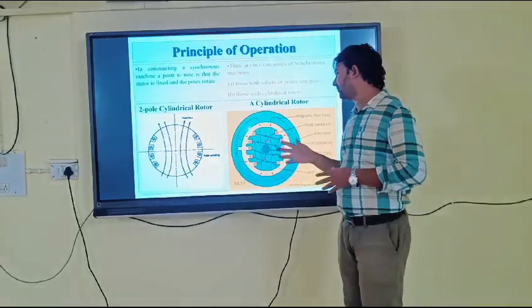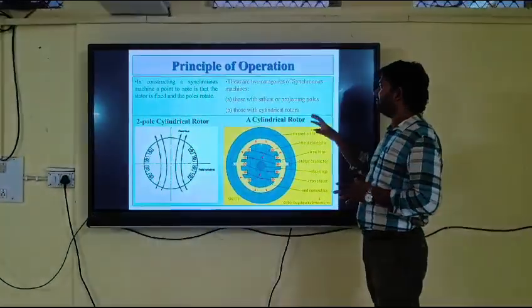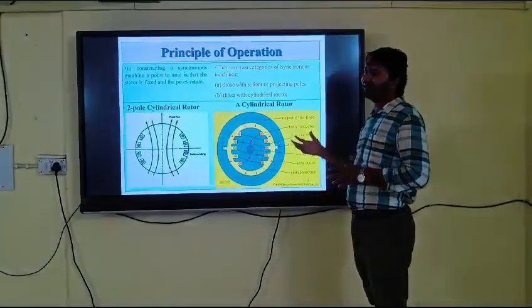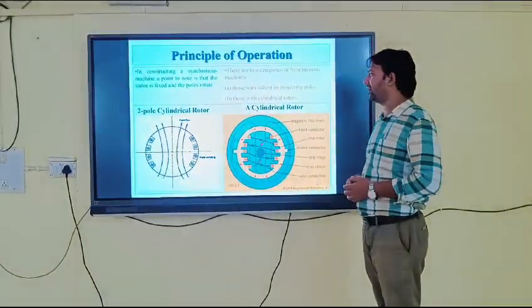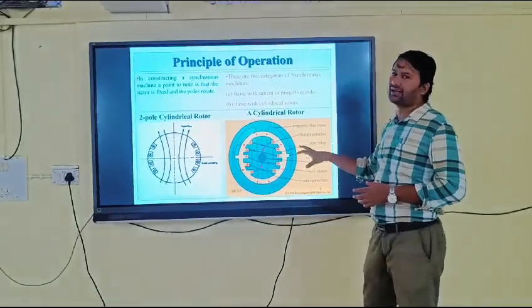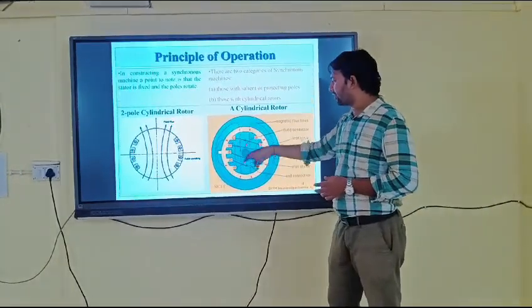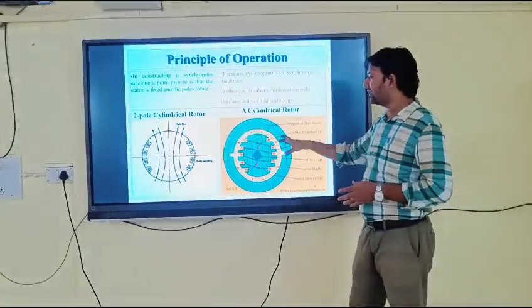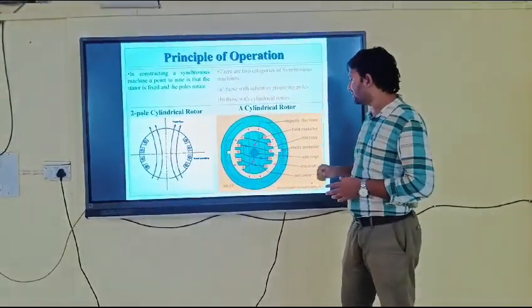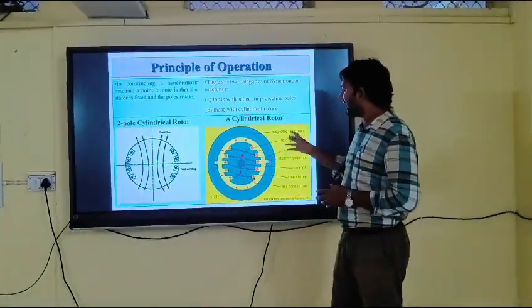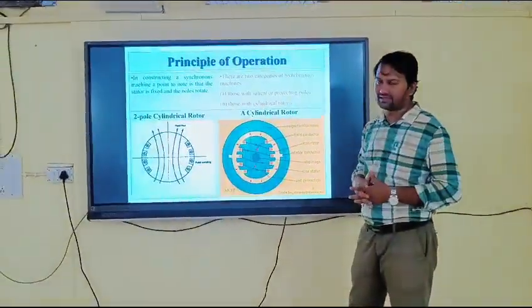Here we can see that there are normally two types of alternator. One is the cylindrical rotor alternator, another is the salient pole alternator. This is a cylindrical rotor alternator. In a cylindrical rotor alternator, the rotor consists of field conductors, and the stator consists of stator conductors.